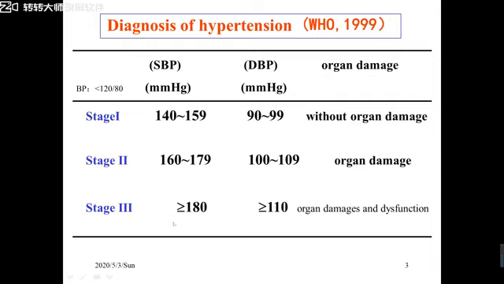And how to diagnose hypertension? We diagnose hypertension only in accord with their blood pressure, and if the blood pressure is higher than normal on two different days, we can diagnose the patient as a hypertension patient. And from this table, just now I used two words.